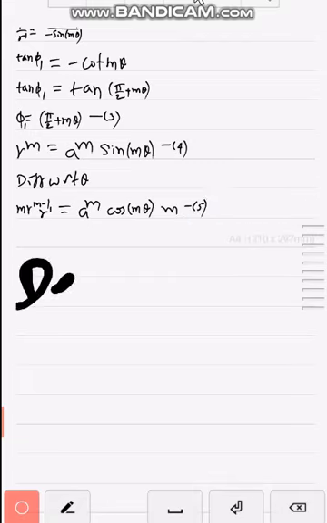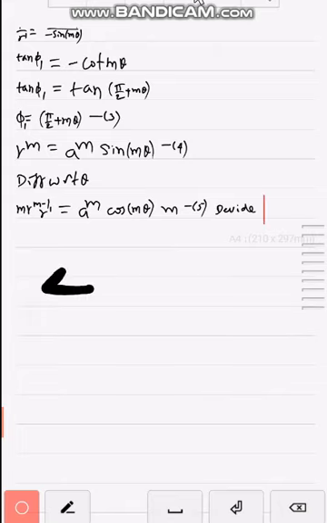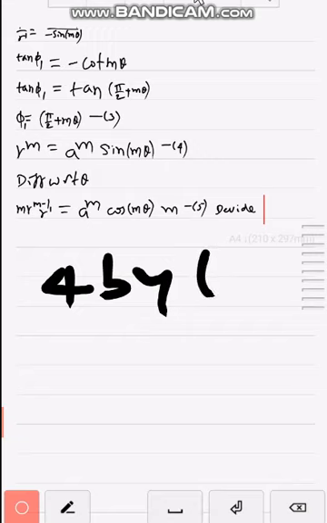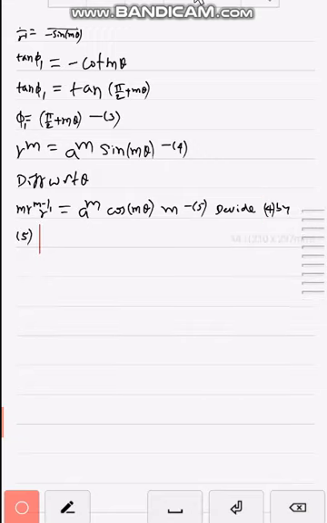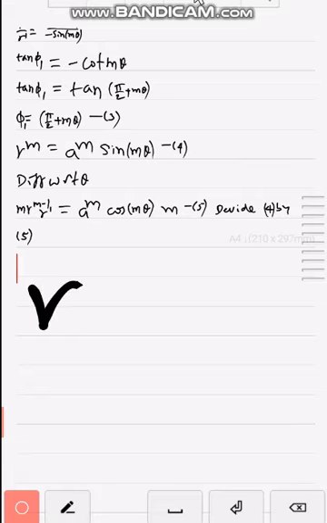Now divide equation 4 by equation 5. Then what we get here? On LHS, r to the power m divided by r to the power m minus 1 into r dash, so it becomes r divided by r dash.